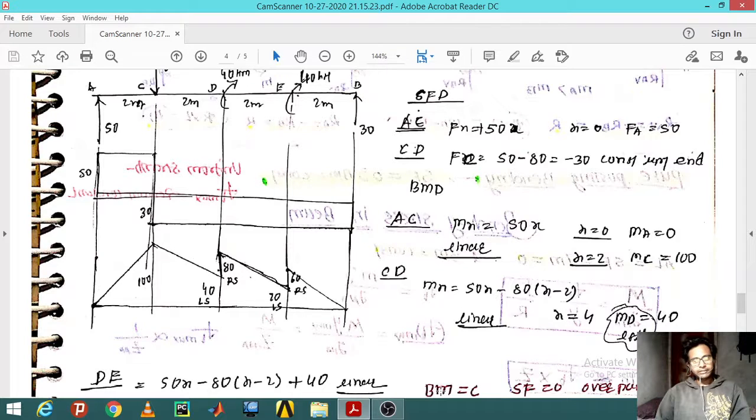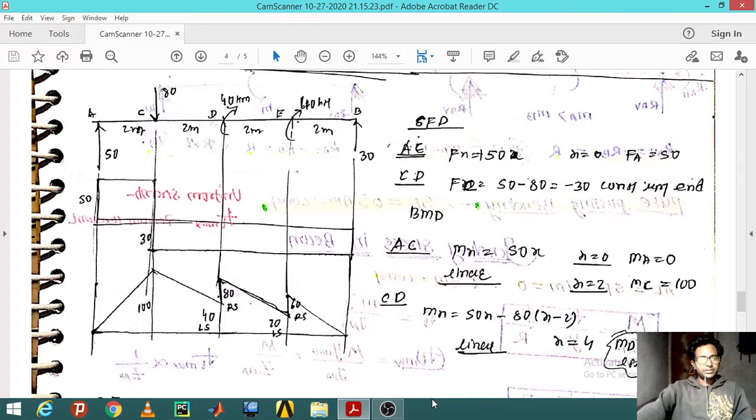But if you take the value for x equal to 4, which is up to the D section, the moment at the left side of that D portion is going to be 40. And when there is a moment, you have to find out the moment on the right side of that section from the left of that section.